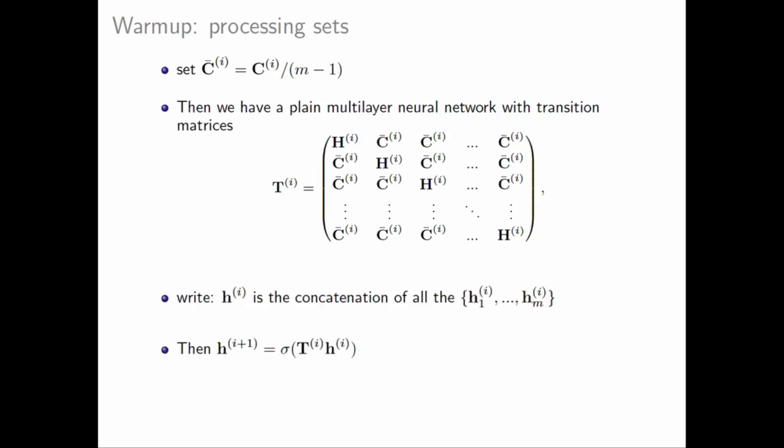Then if we write what we had before, we just have a plain multi-layer neural network, but with a matrix that has this form. It's block diagonal with these H blocks on the diagonal, and on the off diagonal it has these C bar blocks. You apply this to the concatenation of all the vectors. And you can see from the shape of this matrix that it's permutation invariant, and you can see from this that it is scale invariant.